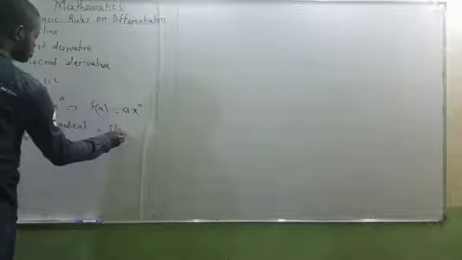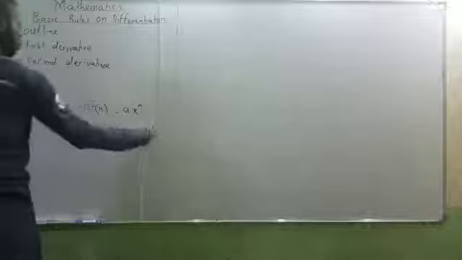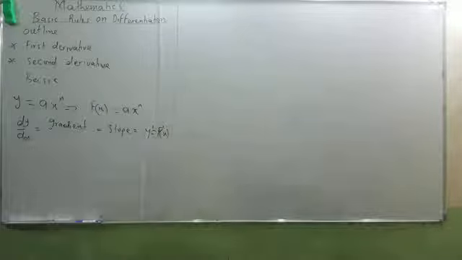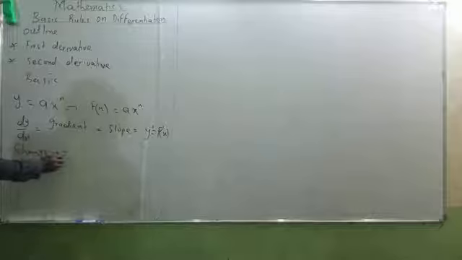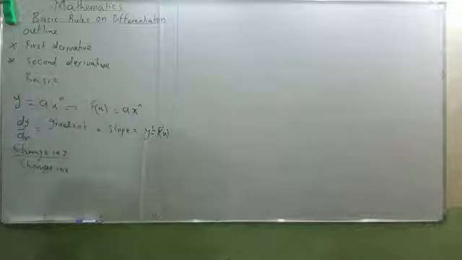It can also be slope. It can also be y prime. It can also be f prime of x. Depends on how I want it. I can also call it change in y all over change in x. Please take note of that.